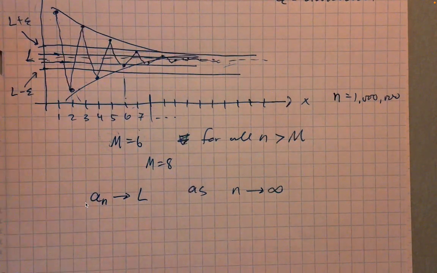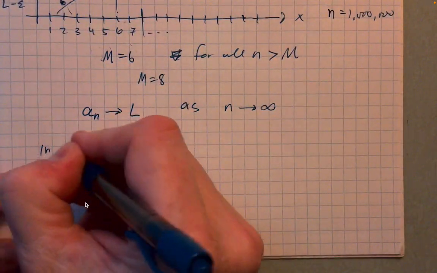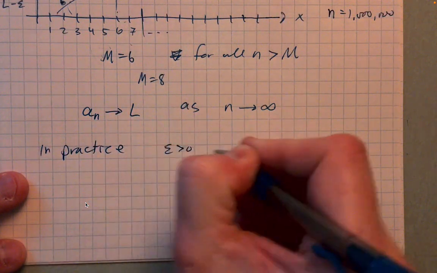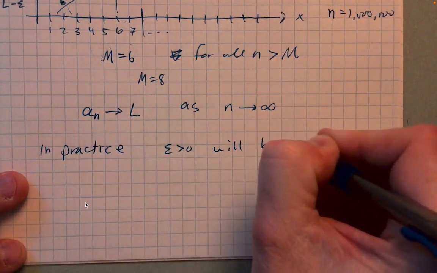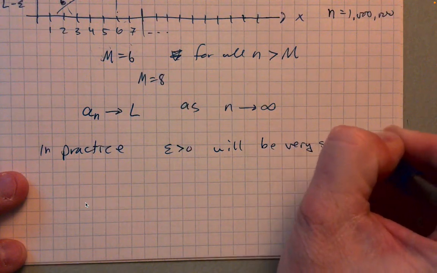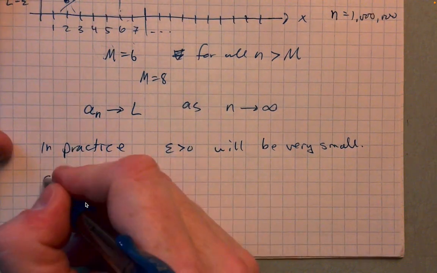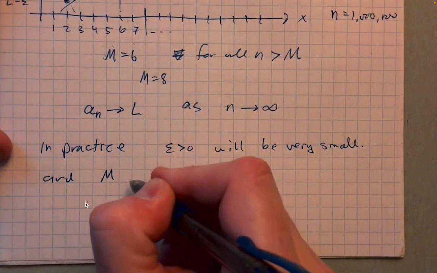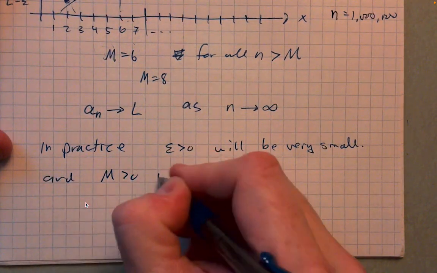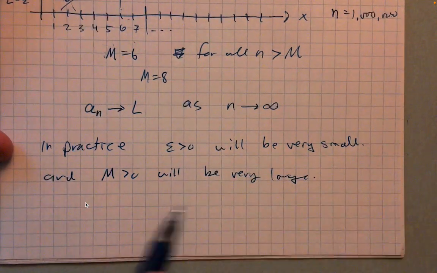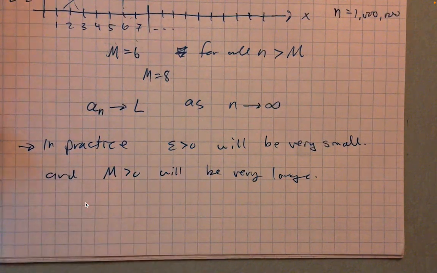As I said, in practice these epsilons will be very small. That's where it gets interesting: when epsilon is very, very small, M will be very large. I think a lot of times instructors don't point this out, and it gets lost, but this is the key.